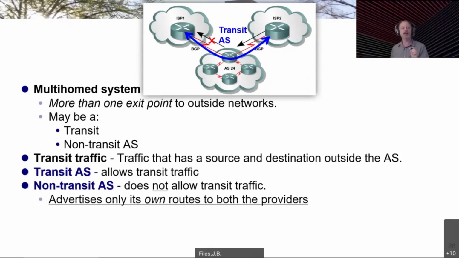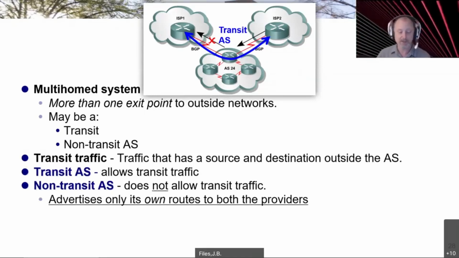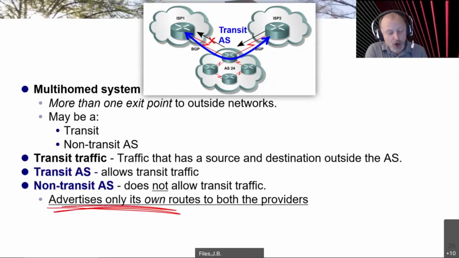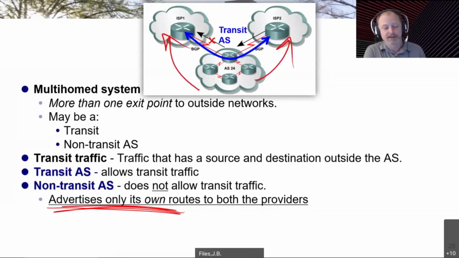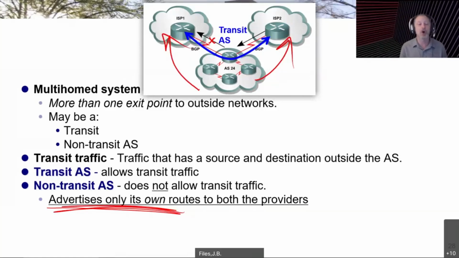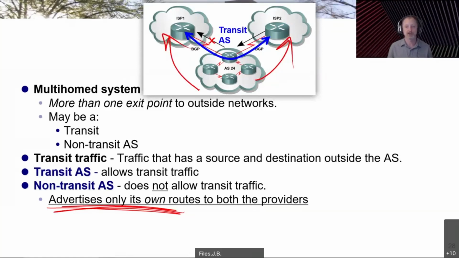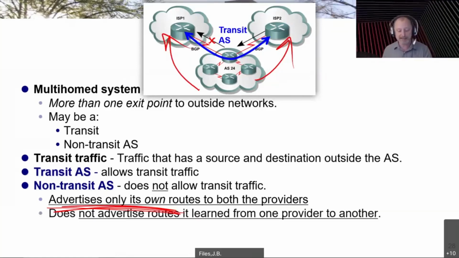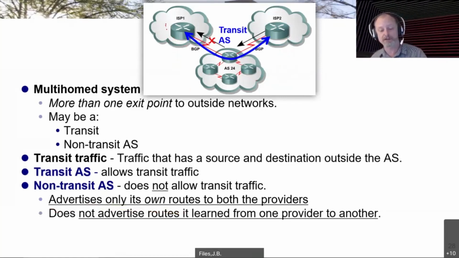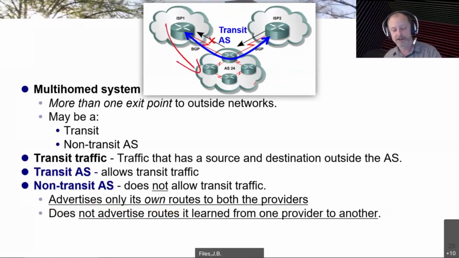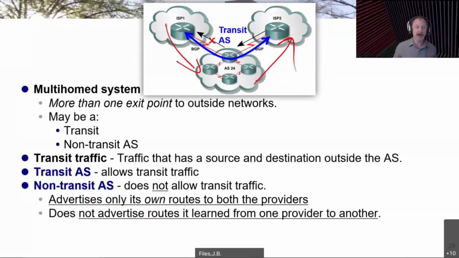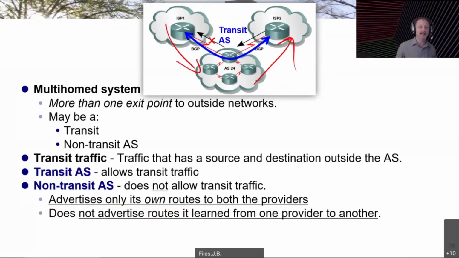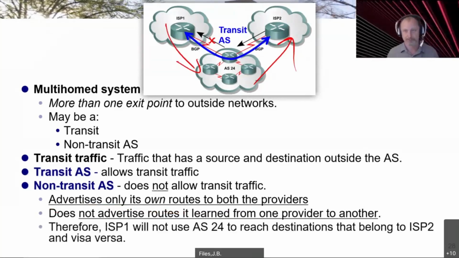If you're a non-transit autonomous system, you only want to advertise your own routes to each provider. Okay, that way they understand that they can only get to those routes through you. You do not want to accidentally advertise routes learned from one provider to the other provider. Okay? Otherwise, that other provider might think, oh, I can get to that destination through your network.